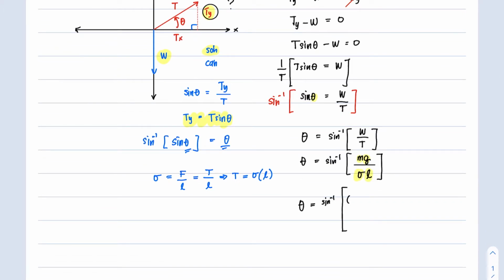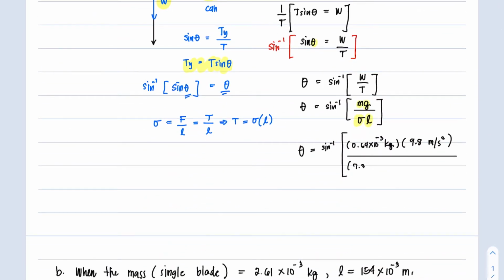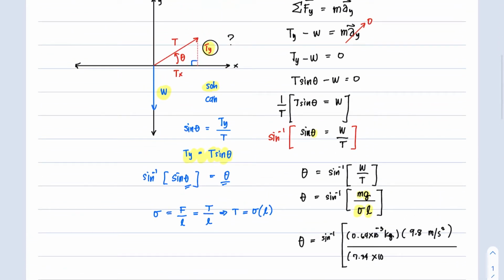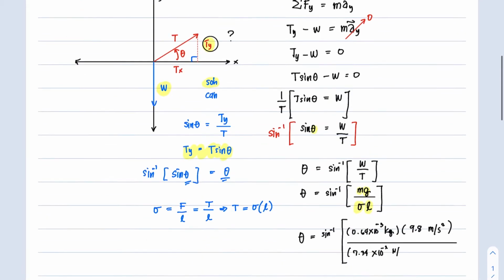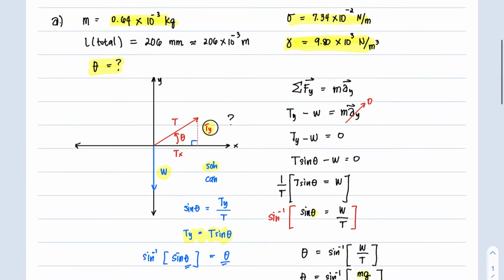I'm going to substitute the mass, 0.64 times 10 to the negative 3 kilograms, multiplied by the acceleration due to gravity, 9.8 meters per second squared, divided by the surface tension, which is 7.34 times 10 to the negative 2 newton per meter, and then the length, which is 206 times 10 to the negative 3.